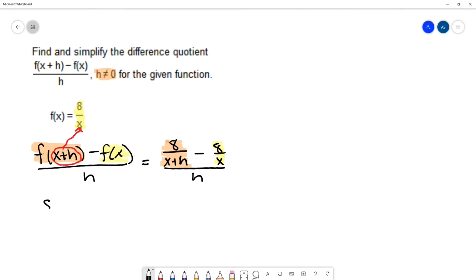So I have 8 over x plus h minus 8 over x over h. And I'm going to get a common denominator for these fractions in the numerator. And that common denominator would be x times x plus h. So I just took this denominator and multiplied it by this denominator to get the common denominator.